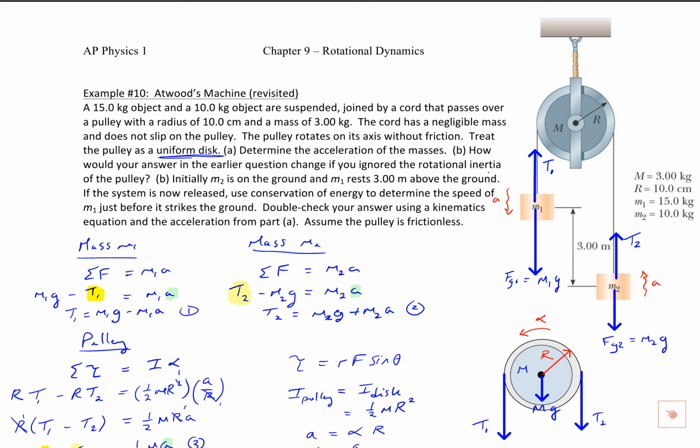So what would change? Well, we would assume that if this is frictionless and has no mass, then there would be no angular acceleration. And the two torques would essentially be equal to each other. The two tensions would be the same as each other, because there'd be no rotational inertia.